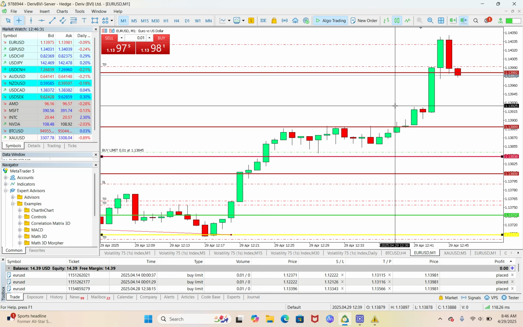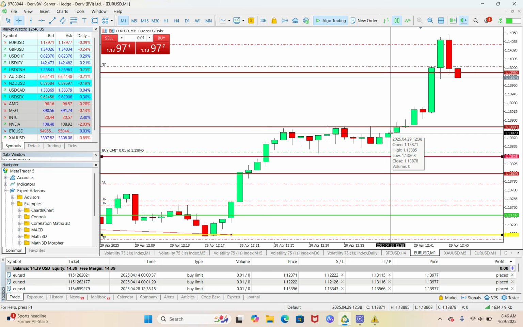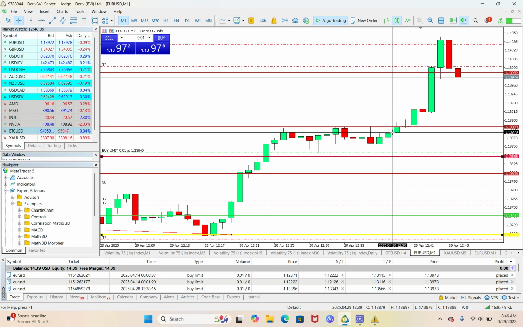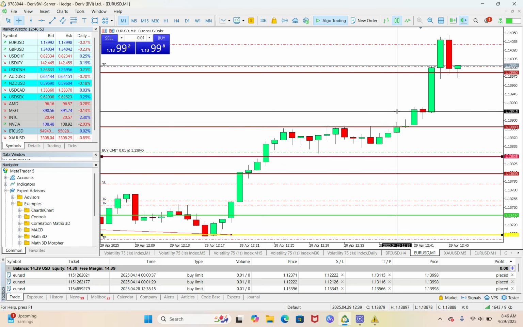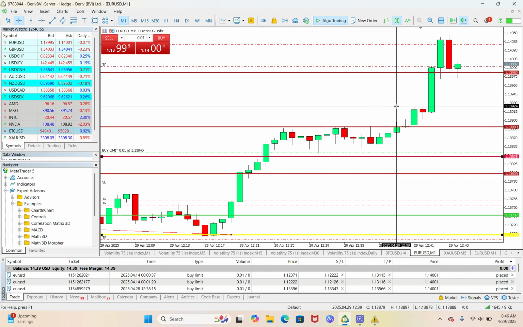So 10 pips above this would be 37, 10 pips below, overall we'll be risking about 47 pips. 3, 4, 12. 3, 4, 12. 3, 7, 21. So about 141 pips from this point.